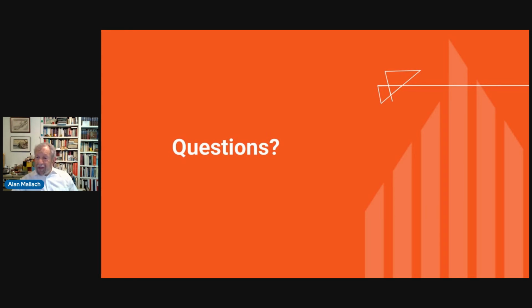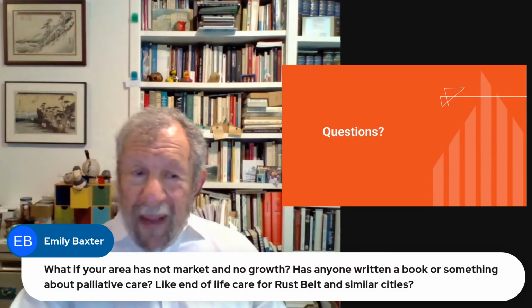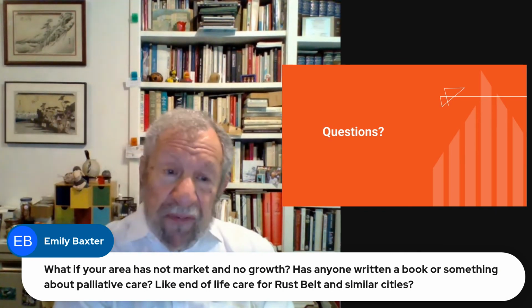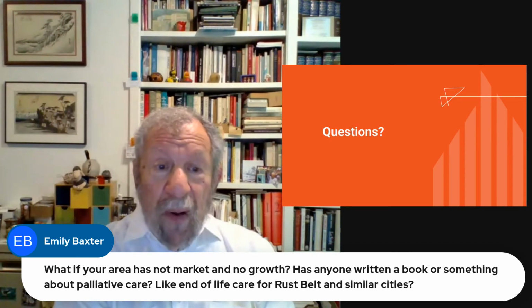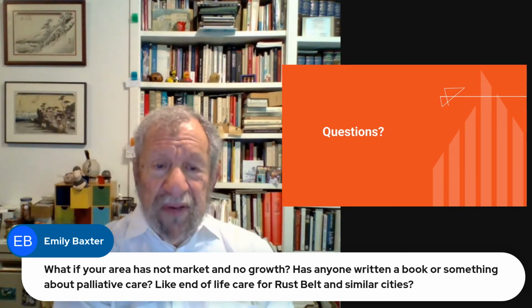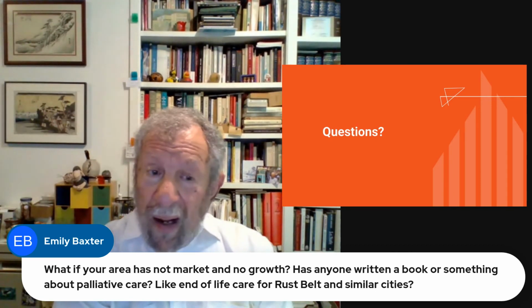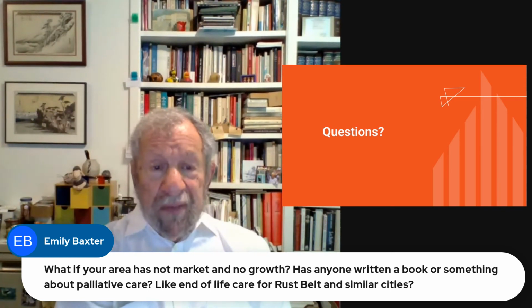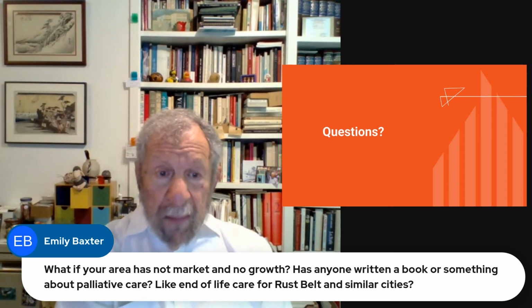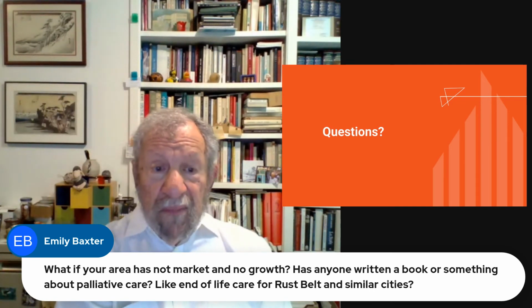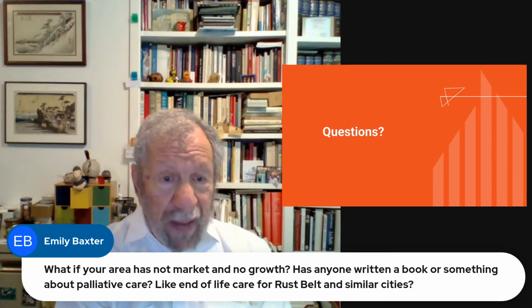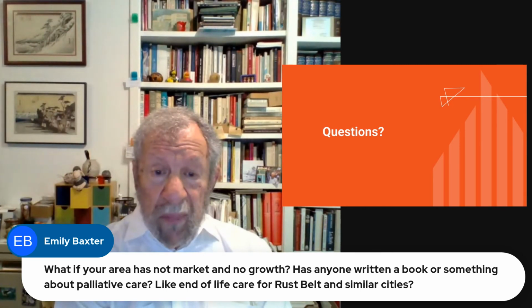Okay, now this is an interesting one. And there are quite a few regions in this country where the entire region is not growing. Now, in some Rust Belt areas, the region may be growing even though the central city is shrinking. But in some areas, the most distressed areas in particular, and including a lot of rural areas and small towns, the entire region is losing population.